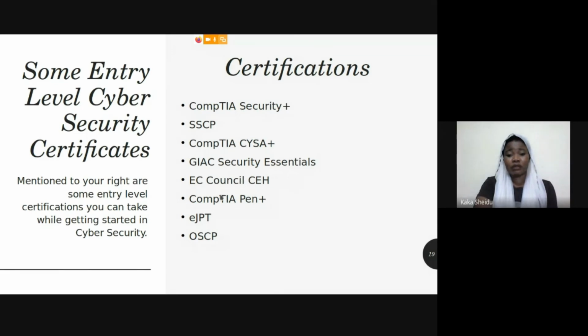You can try CompTIA PenTest Plus if you're looking for a certificate that proves you're good with penetration testing. Or you can do the eJPT, Junior Penetration Tester. And if you think you have the strength and the skill, try your hands at studying for OSCP.